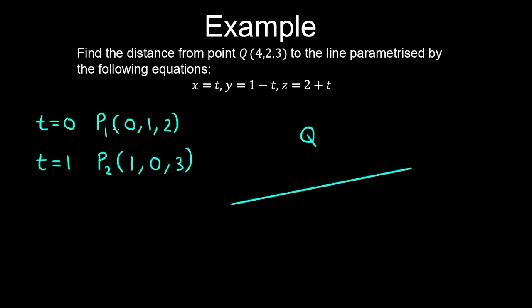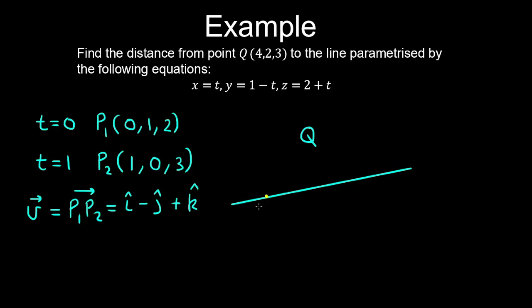And from this, we can obtain the direction vector of the line, which is a vector from P1 to P2. So we have 1 minus 0 in the x direction, 0 minus 1 in the y direction, and 3 minus 2 in the z direction.